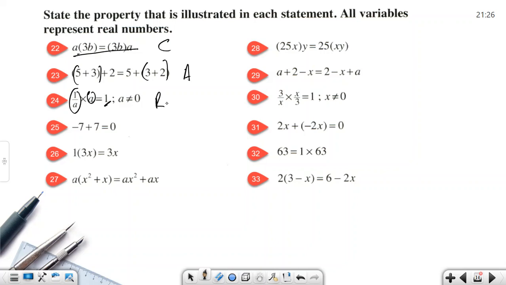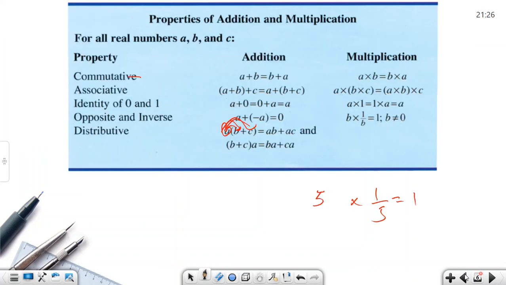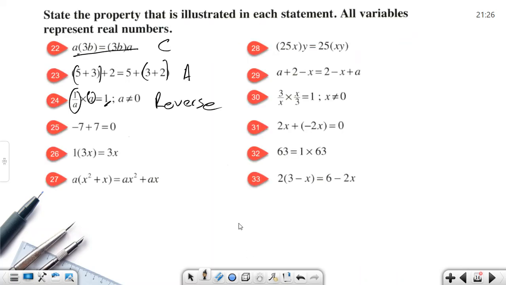What is it? Reverse? Inverse or? I'm not sure. Let's check. If you forget something, you need to check it. Let's see. Inverse operation. Inverse, yeah. We don't say reverse. Reverse means taking back. Inverse, not reverse. Let's put it here. In, not re. Inverse operation.